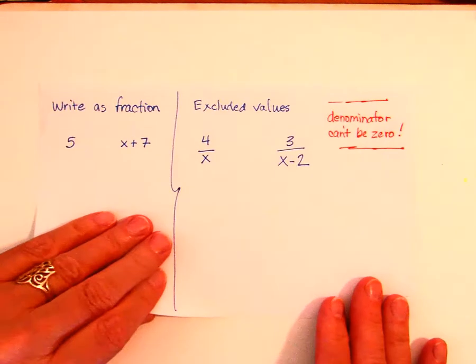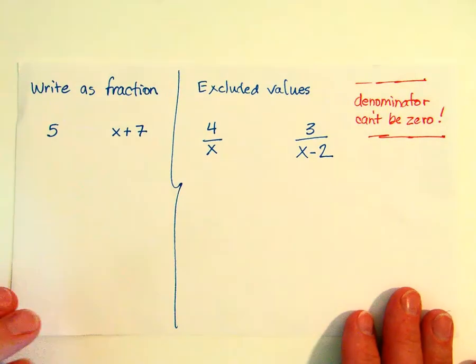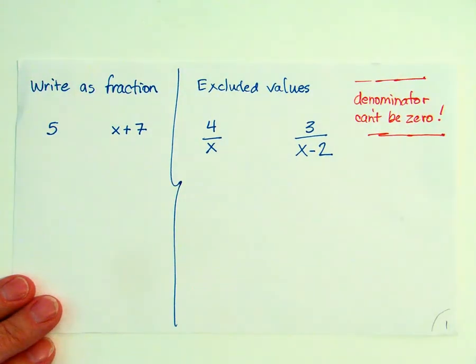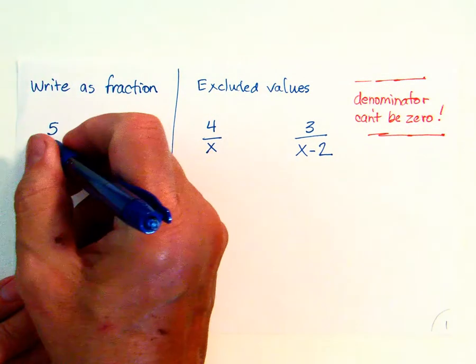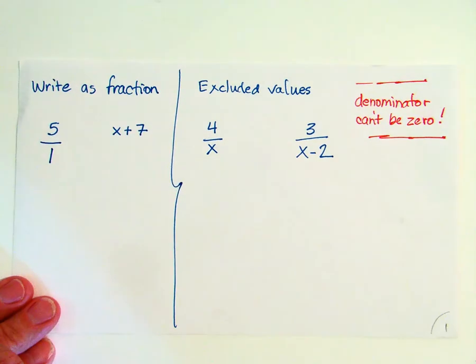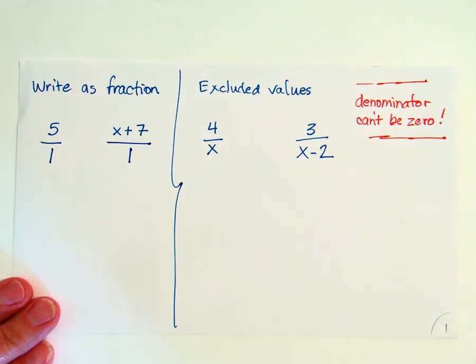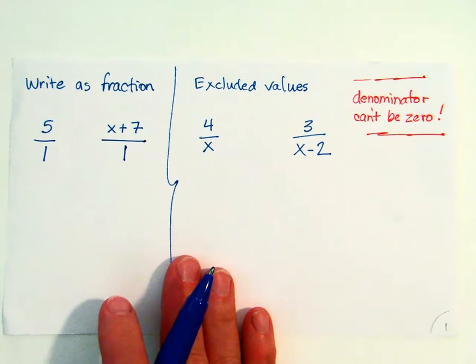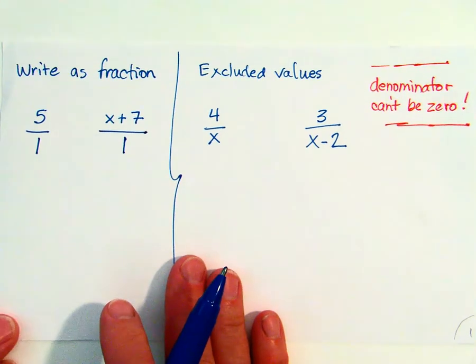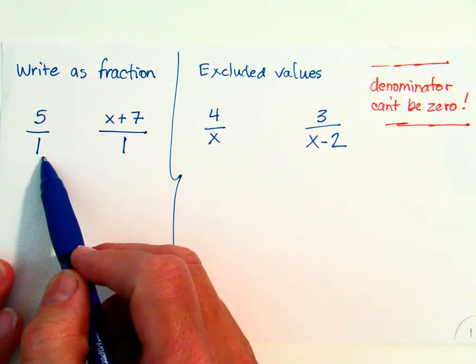Okay, let's get started on it here. Simple. Write this as a fraction. It's a fraction. It's the quotient of two expressions. In this case, the quotient of two integers.